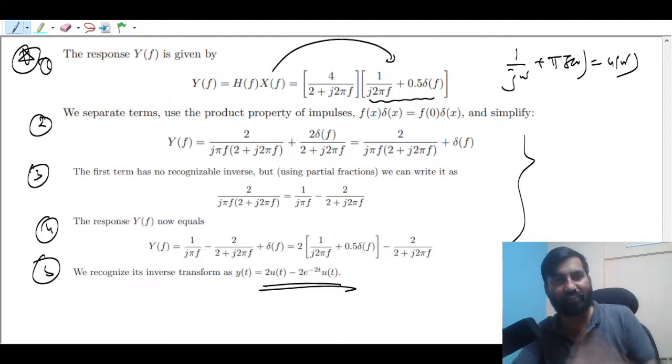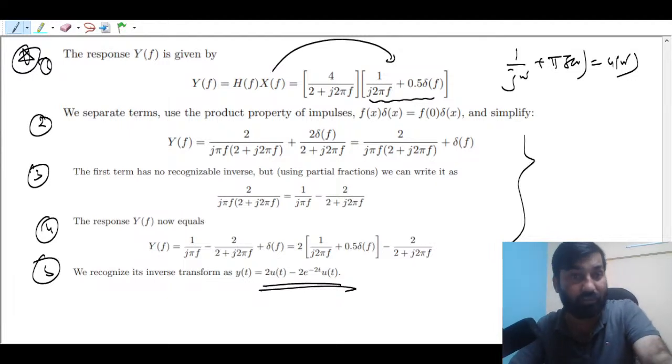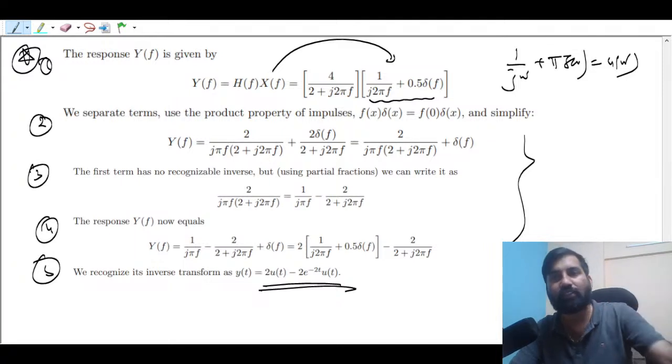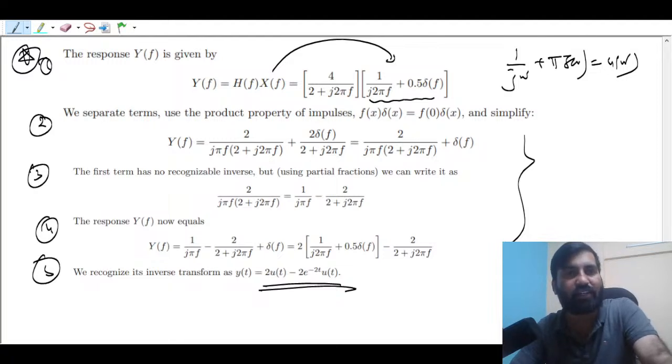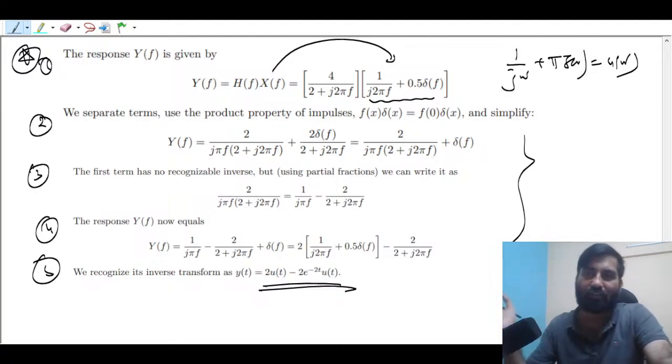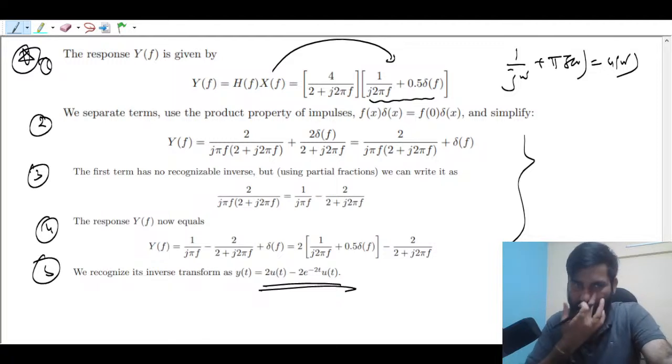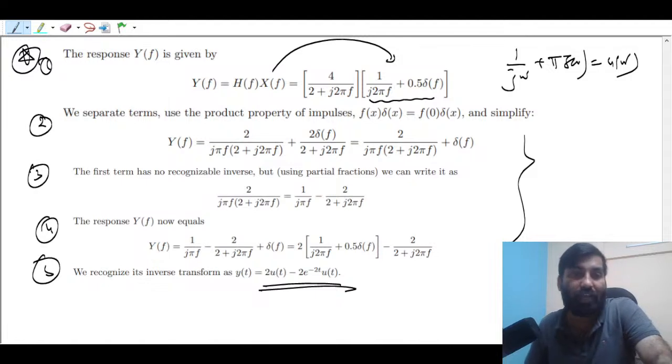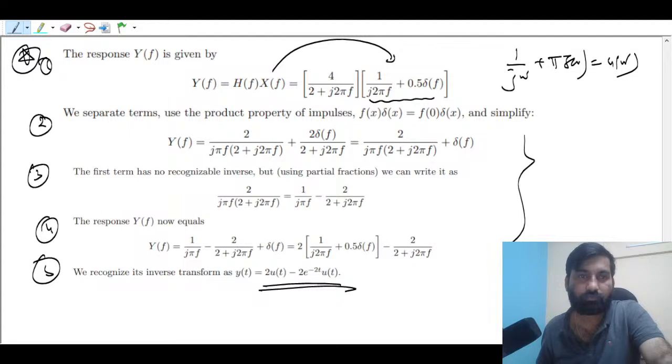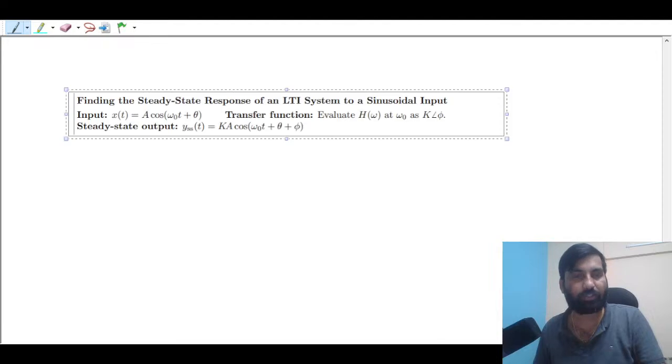So the magnitude has to be found from the impulse response, by finding the frequency response, and then find the magnitude at the input frequency, and find the phase also, and then multiply the magnitude with the input and add the phase. ठीक है, बस इतना ही है. So finding the steady state response of the LTI system to sinusoidal input, ये बहुत इंपॉर्टेंट टॉपिक है.